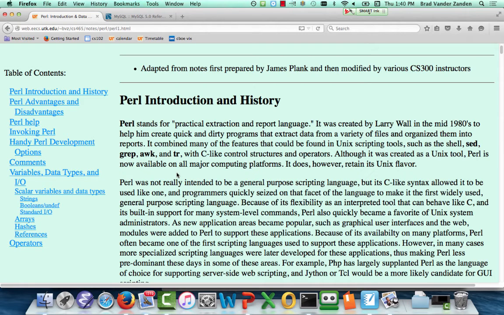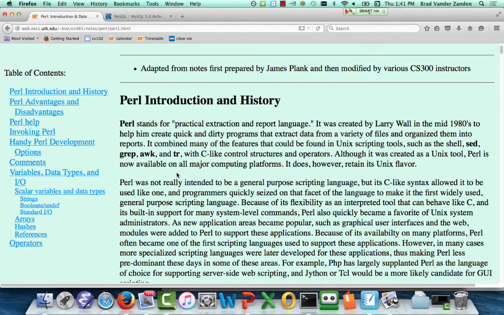And he also made it interpreted, which turned out to be something people really liked because it allowed them to write quick and dirty programs, whereas C, which was the primary language people were using at the time, is a very low-level language in the scheme of things. It can take a lot of lines of code to accomplish the same thing that you could accomplish with a few lines in Perl.